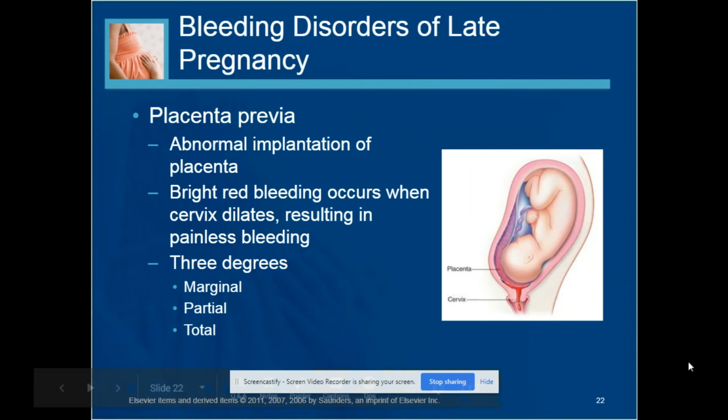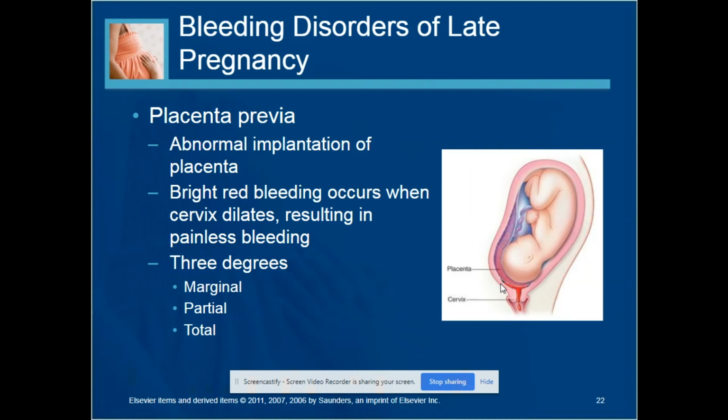If you'll look right here, this is the placenta, and this is the cervix. The baby has to come out of the cervix, unless, of course, they're a C-section baby. But what happens is that the placenta is previous to the baby when the labor happens. So it comes first.